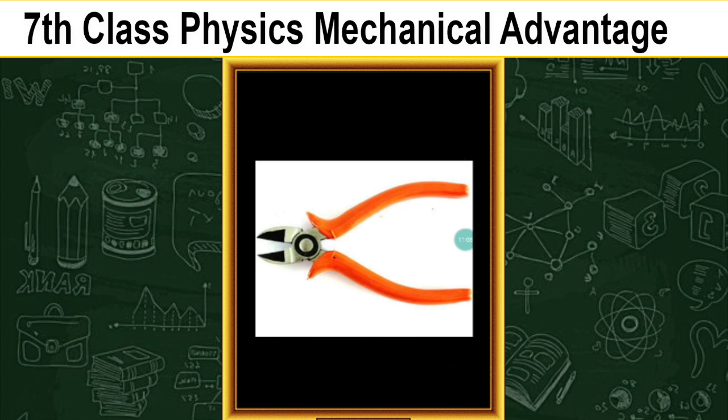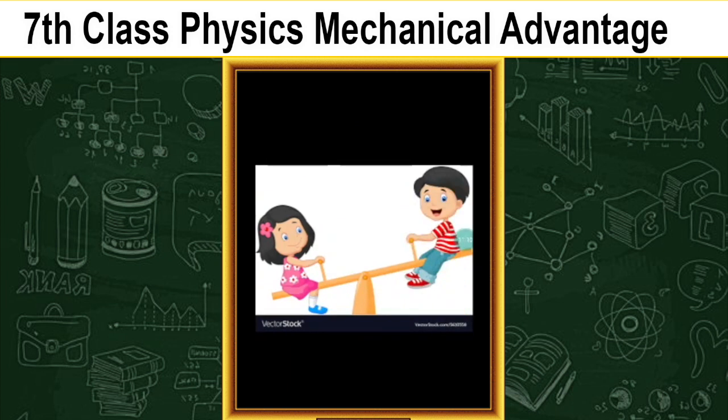Now we will see the second case. What is the second case? d_E is equal to d_L, because the effort and load both move an equal distance.